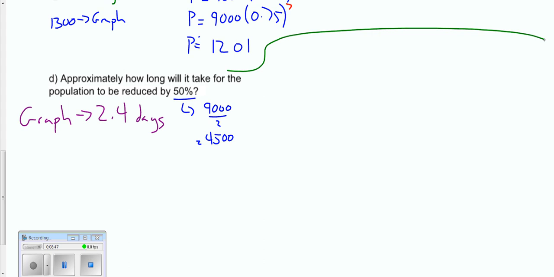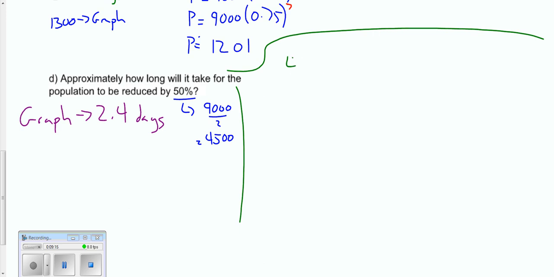And we use a logarithm anytime that we're trying to figure out an unknown exponent. Okay, so we don't know how many days it'll take, so we're going to try and figure out what our unknown exponent is. So in order to use a logarithm, do that over here. So I know that I'm trying to get a final 4,500. Okay, that's my final population.